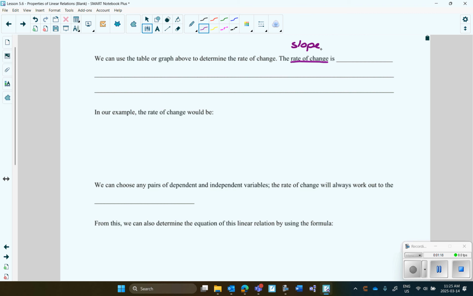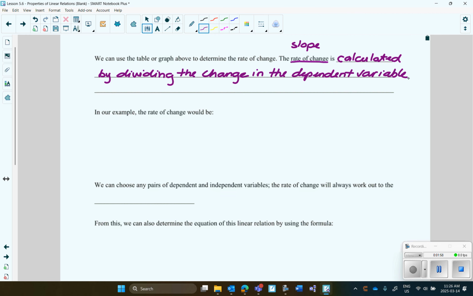So to find the rate of change, it's calculated by dividing the change in the dependent variable by the change in the independent variable.